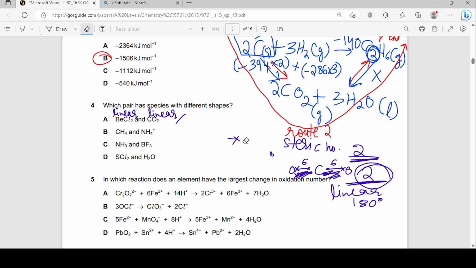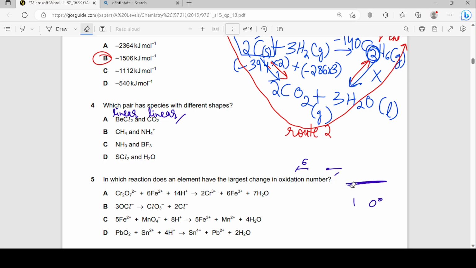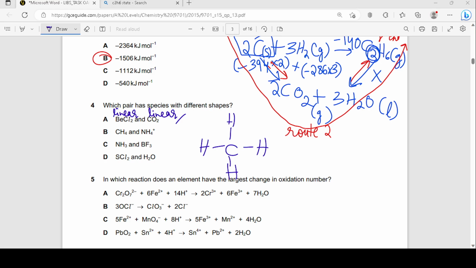Okay. Now let's go to the next option, B, which is CH4 and NH4 plus. So I'll draw out CH4. Carbon has 4 electrons and forms 4 bonds.